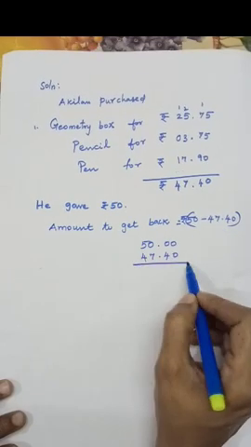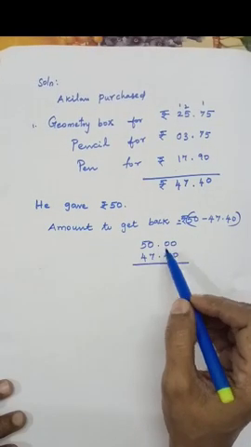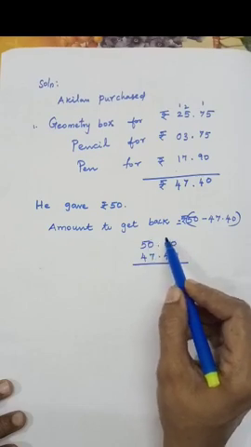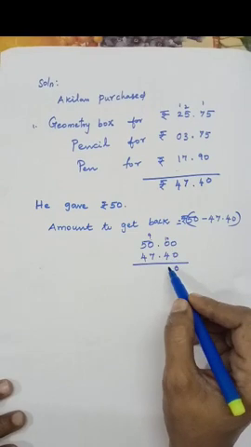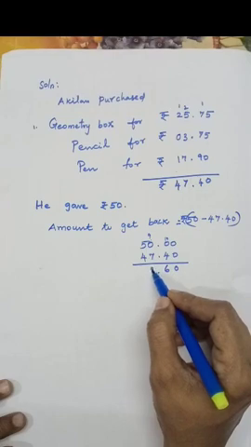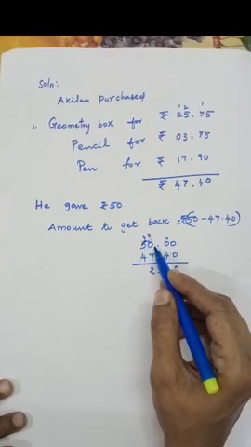47.50. Now here 0, 0. From 0 we cannot take 5, so you have to borrow here 10. Then from here you have to bring 10, here 9. 10 minus 5 is 5. Then 9 minus 7 is 2. For here 4 only, no. We borrowed from here.